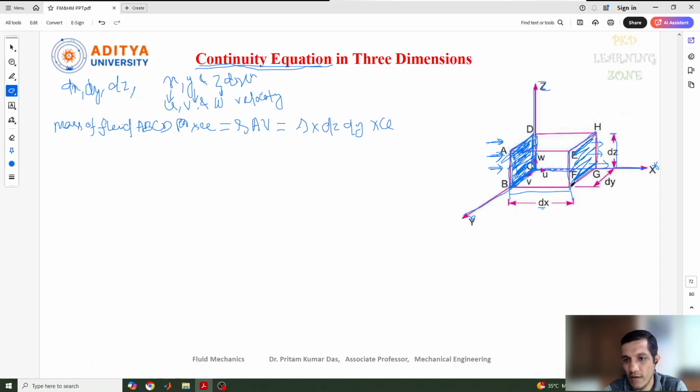So let me just mark this one. You can see, this is the EFGH surface. After entering this side, at the other side of this fluid surface, we can assume that the fluid which is inlet, which came inside this object, is supposed to move outside from the object along with some extra components.